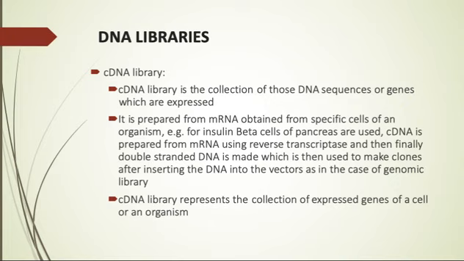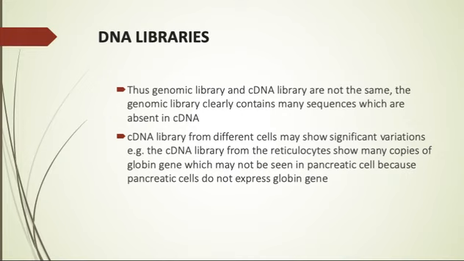The cDNA is prepared from the mRNA using reverse transcriptase, and then finally the double-stranded DNA is made, which is then used to make clones after inserting the DNA into the vectors, as in the case of a genomic library. So this cDNA library represents a collection of all the expressed genes of a cell or of an organism.